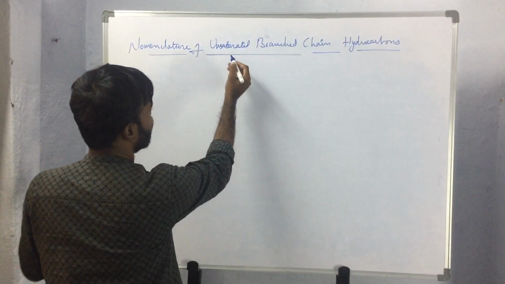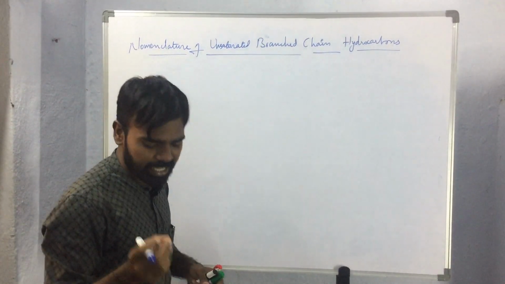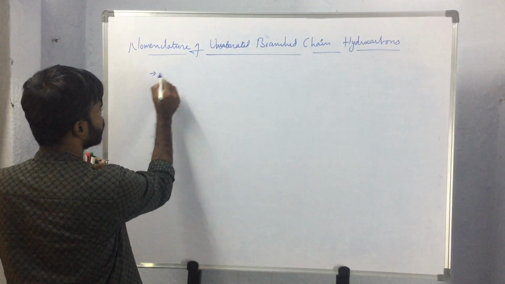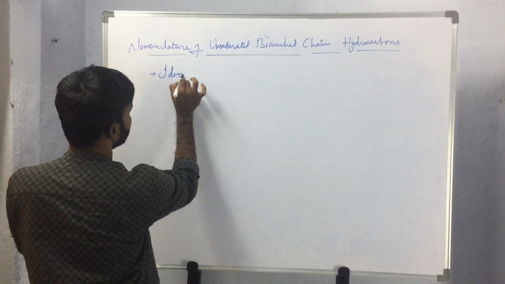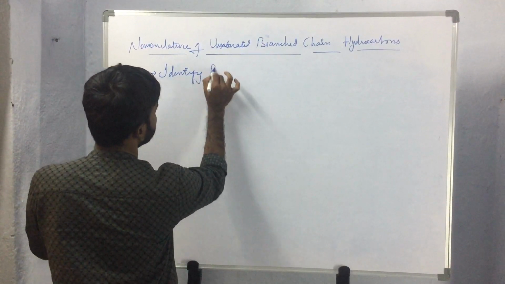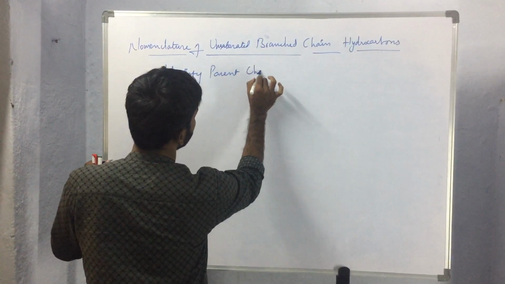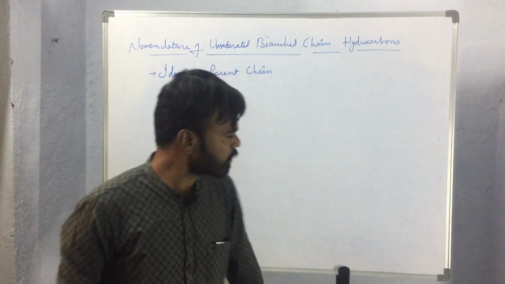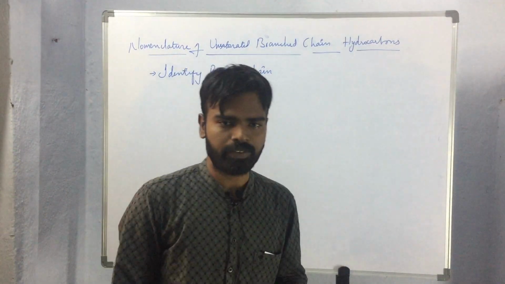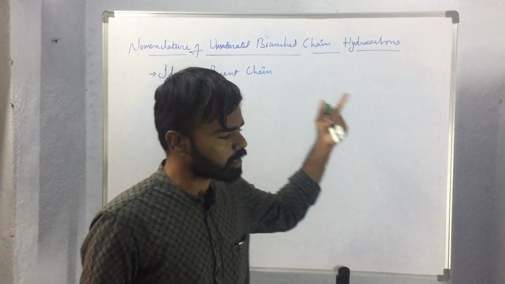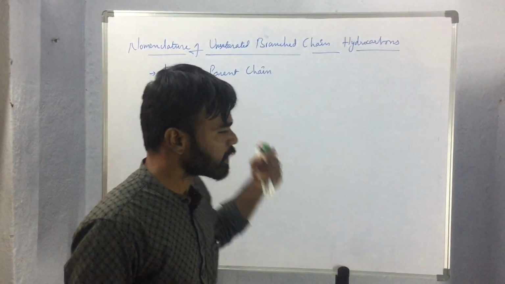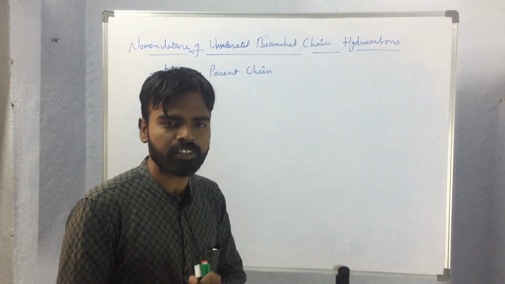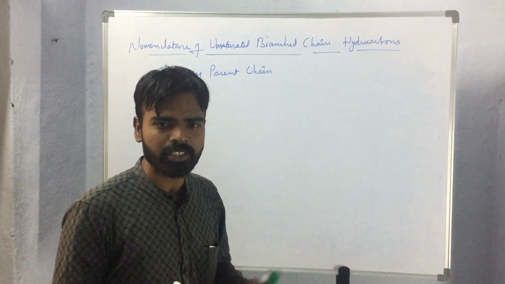So while naming these unsaturated branched chain hydrocarbons, certain things we have to keep in mind. What are those things? Initially, the first step is to identify the parent chain. We know very well what we consider as the parent chain: the longest possible continuous chain will be considered as the parent chain.